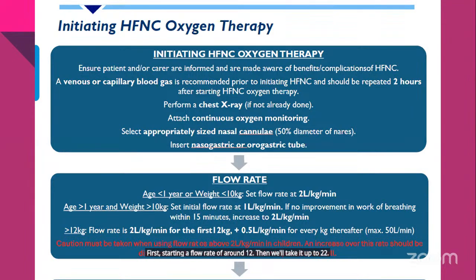Weights beyond 12, we always start at 2 liters, and the bigger they get, we can increment to 2.5 liters per kilo. The maximum flow rate in pediatrics we go for is 50, sometimes 60 liters per minute, mostly because we're limited by weight. Okay?